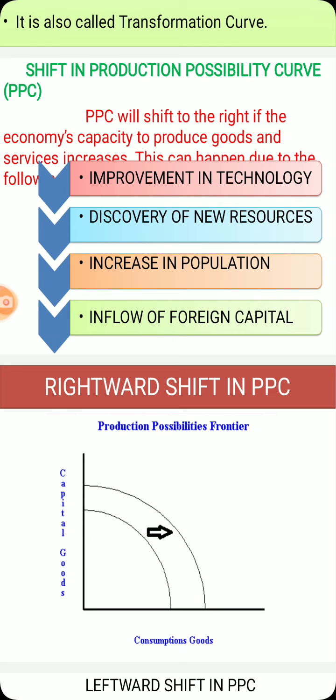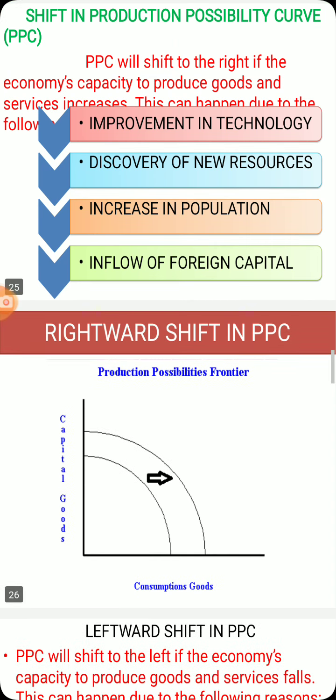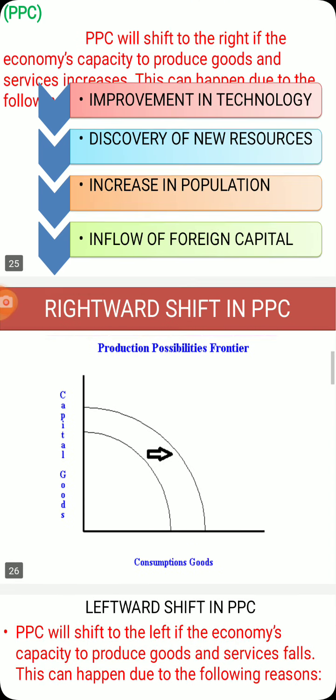If we are getting more foreign capital, we can invest that capital and increase our resources, which will lead to the production of more of both the goods. These are the cases when we are changing the resources, and the production possibility curve will shift towards the right.